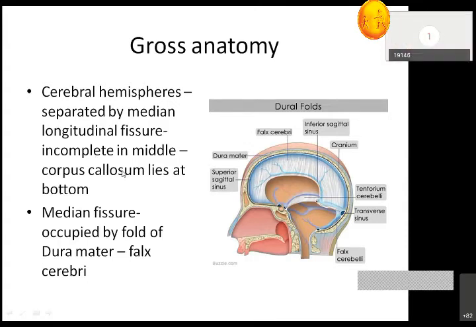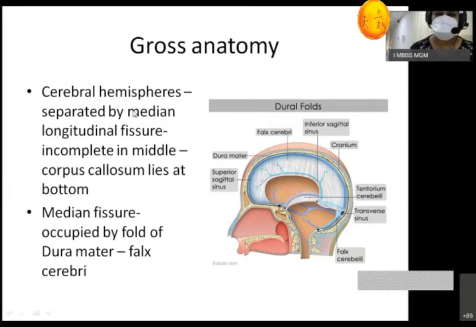Now this cerebrum is not a single thing, it is divided into two parts. They resemble half of a sphere, so they are called cerebral hemispheres. These two cerebral hemispheres lie side by side and are separated by a vertical, that is longitudinal, fissure in the midline, which is called the median longitudinal fissure.